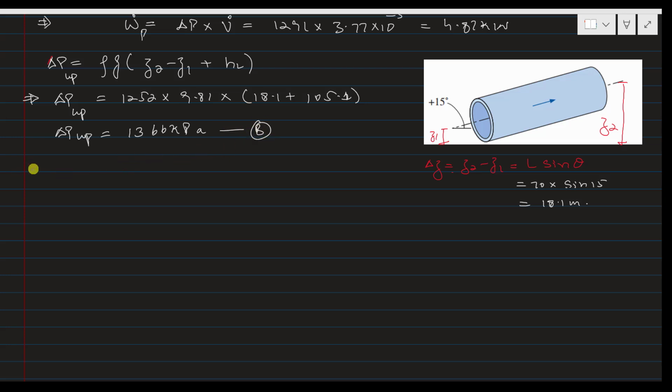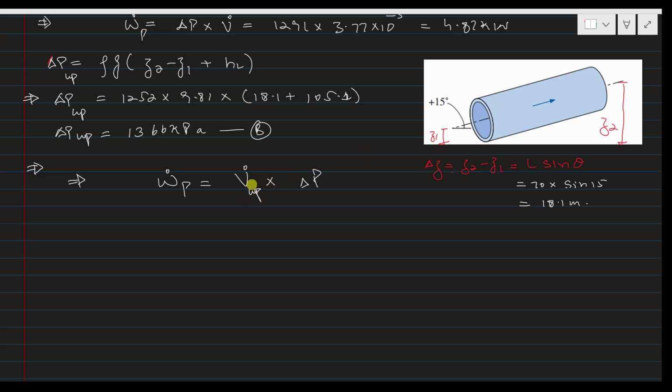Next we need to find the volume flow rate for this pipe that is inclined in upward direction. So you know that the work input from the pump is equal to volume flow rate multiplied by the pressure difference. So now we are finding the volume flow rate for this inclined pipe in upward direction.